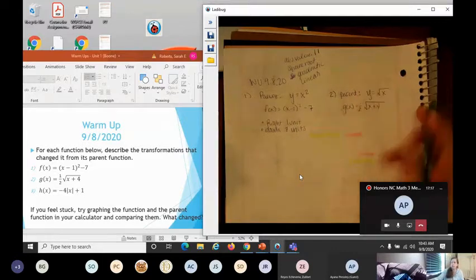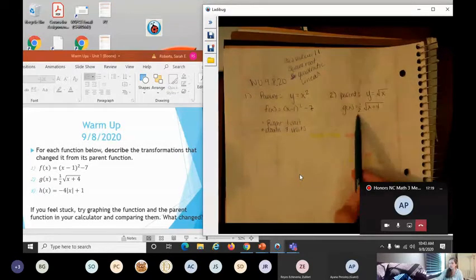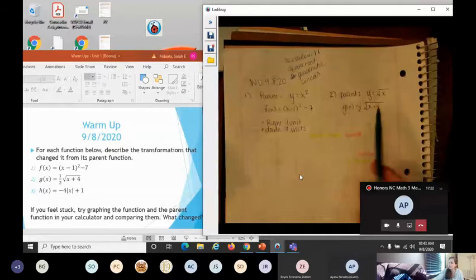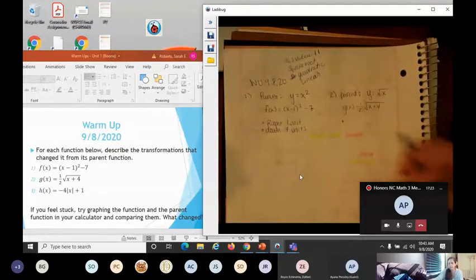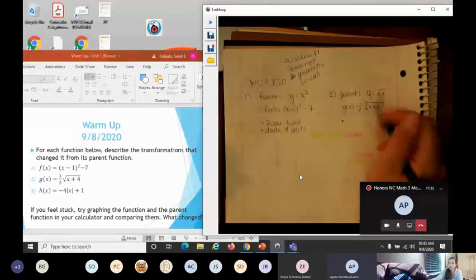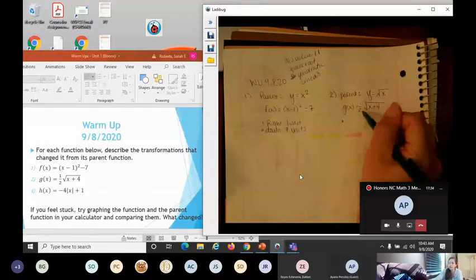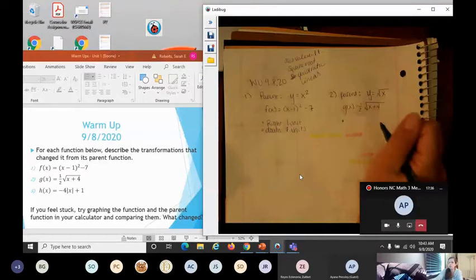So the things that are new are the 1/2 out front and the plus 4 on the inside. So what does the 1/2 do? You go over 1/2? No, this one's going to be a stretch. Is it going to make it tall or is it going to make it fat?